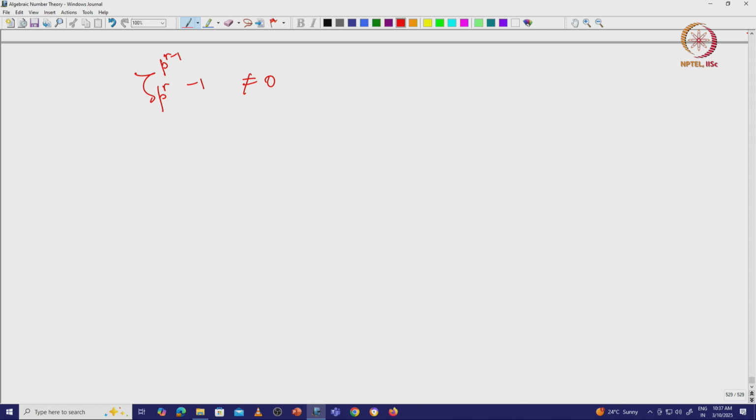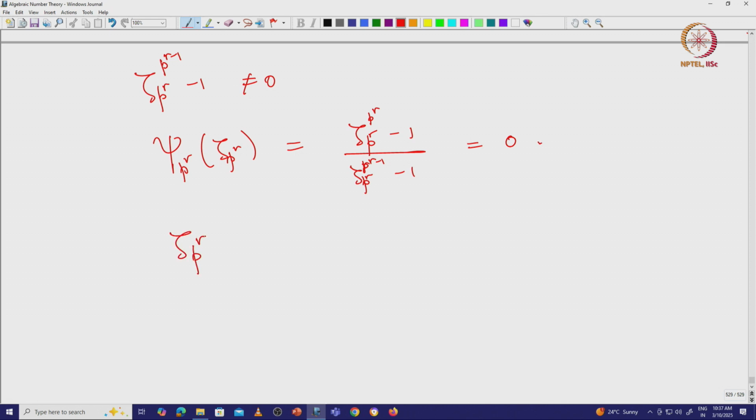So, when I evaluate psi p to the r at zeta p to the r, I can evaluate it like this. And I know that this is 0, right. So, zeta p to the r is a root of psi p to the r x, right.